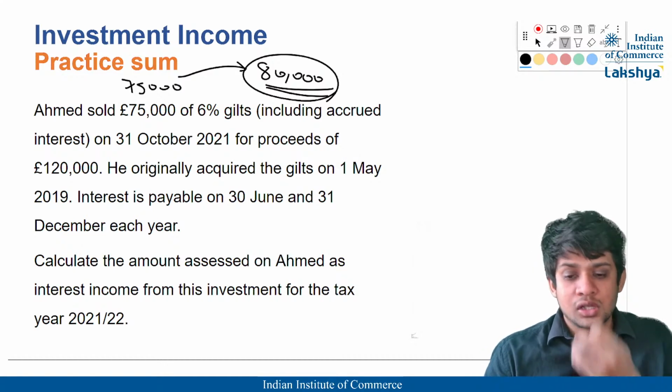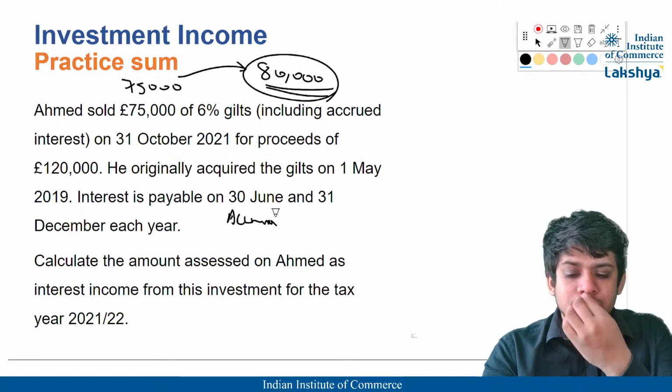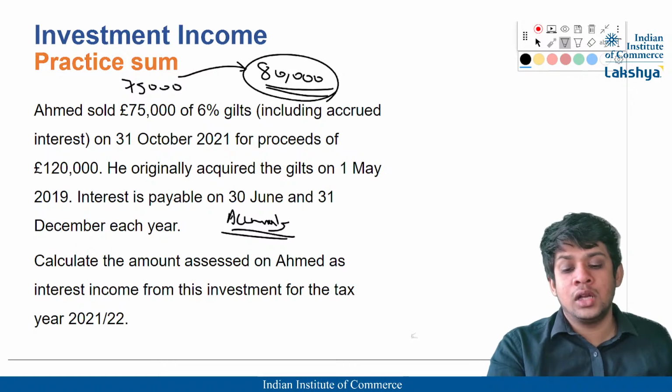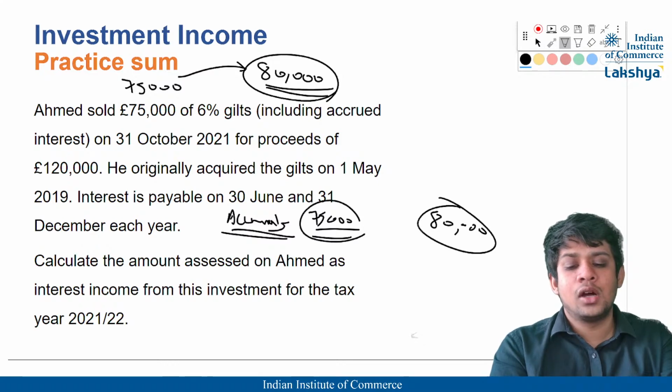So because of this, there is accruals which comes into existence. If, when nearing the interest that I'm going to receive, I purchase the bond at the start of the year at 75,000, and before I've received the interest, I sold it at 80,000, I earned a profit of 5,000.